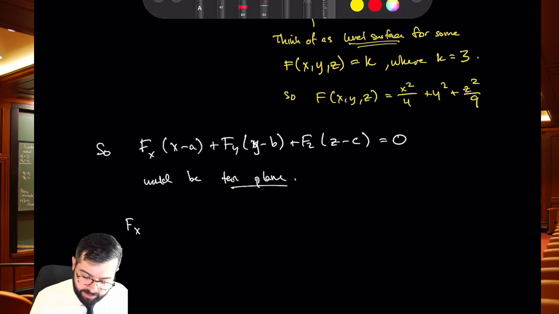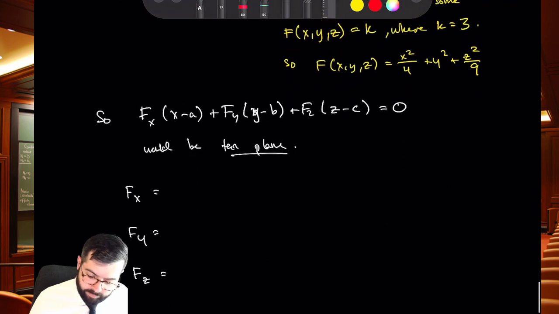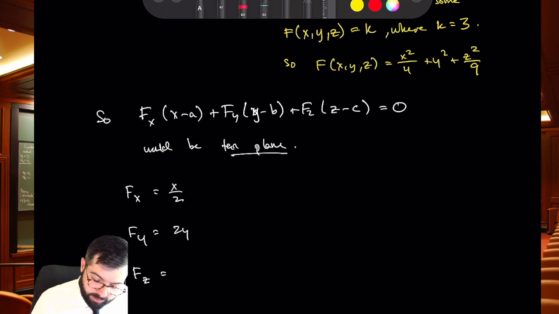So then we can find each of these pretty easily. Right? Holding the other two constant means these partials are going to be nice and easy. So this will be, what, x over 2. F sub y is 2y. F sub z is 2z over 9.